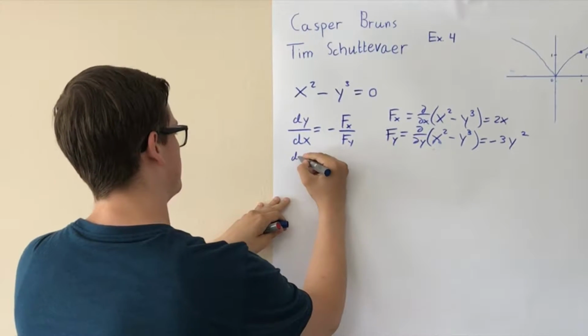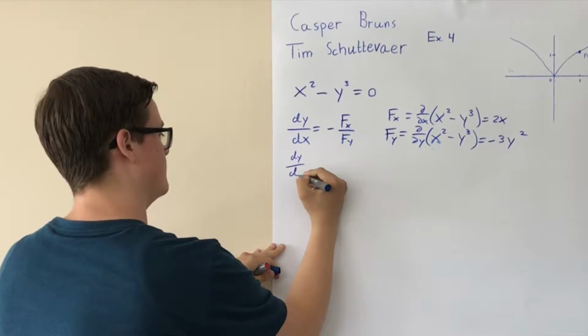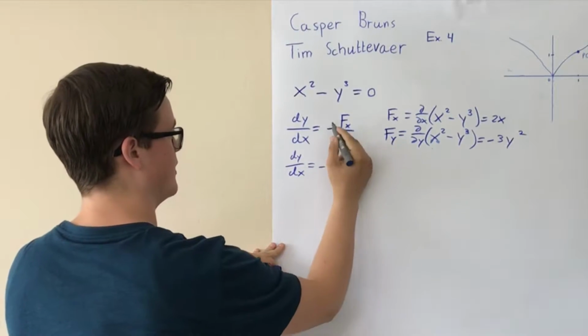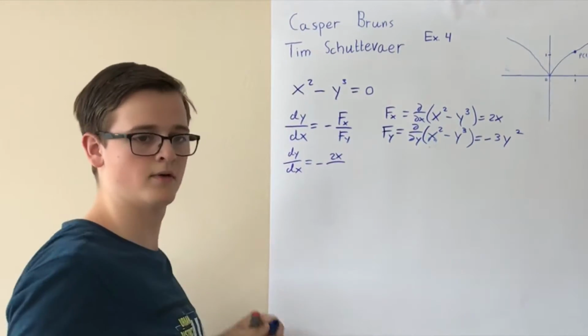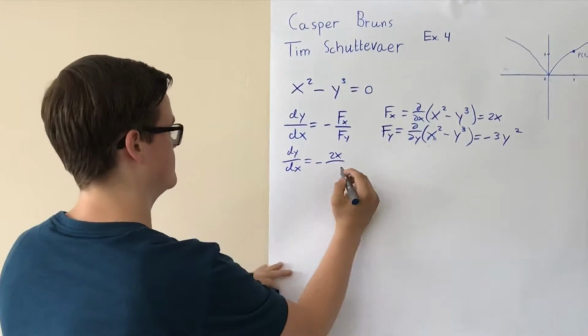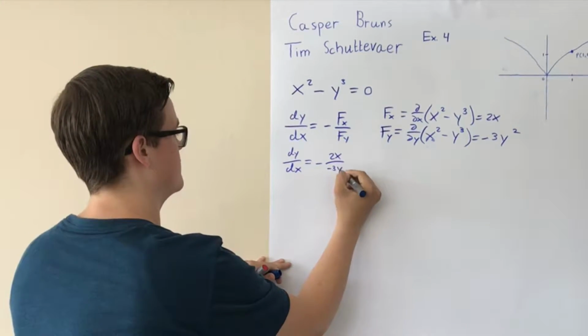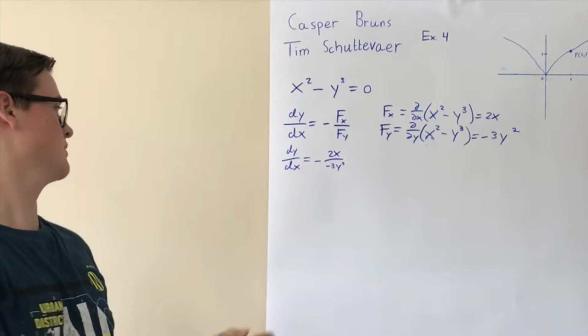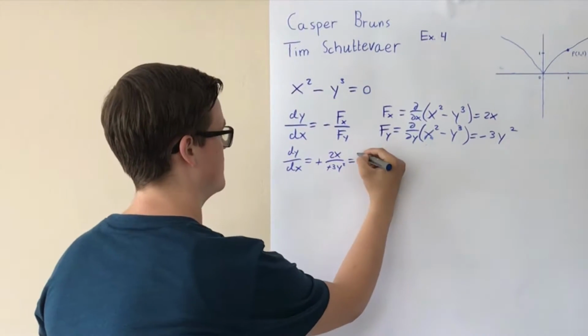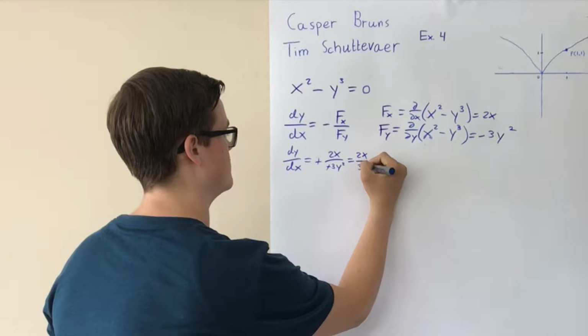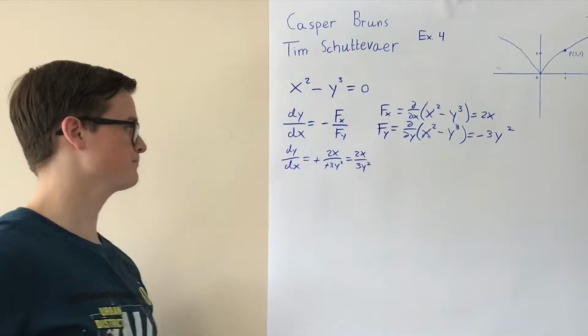So dy/dx is equal to minus f_x, which is 2x, over f_y, which is minus 3y squared. Those two minuses cancel each other out, so we remain with 2x over 3y squared.